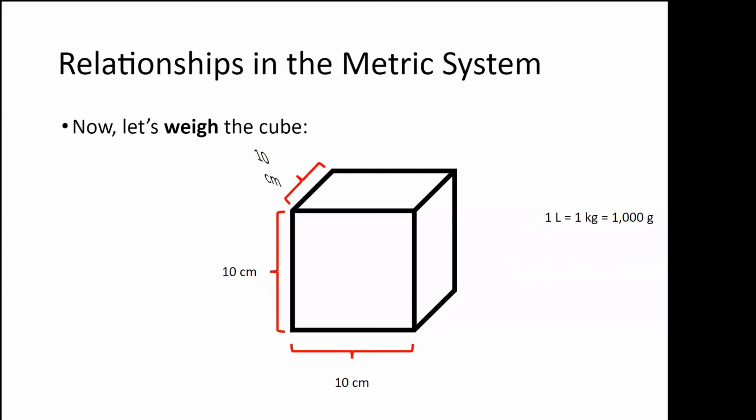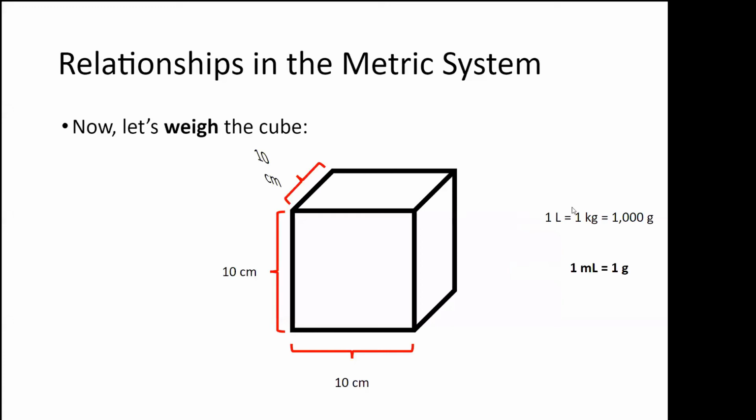So we have this 1-to-1 relationship between liters, our measurement of volume, so how much space it takes up, and kilograms, one of our measurements of mass. This is a really important relationship because it means that based on how much space something takes up, we can estimate the mass of something as well.